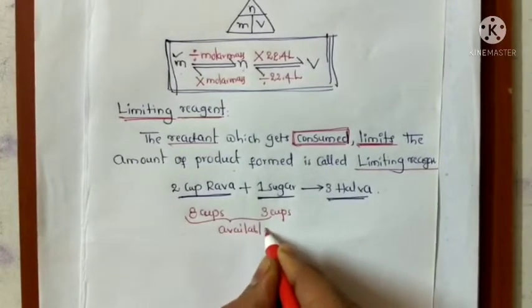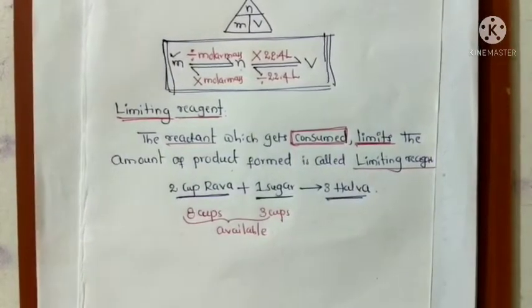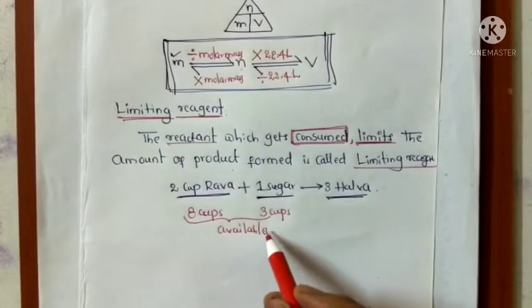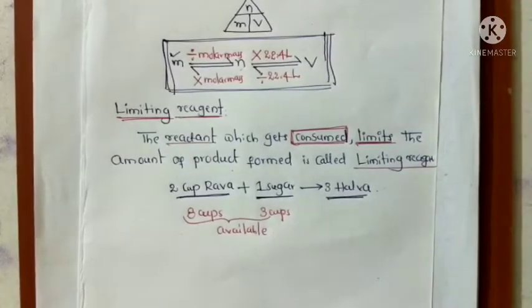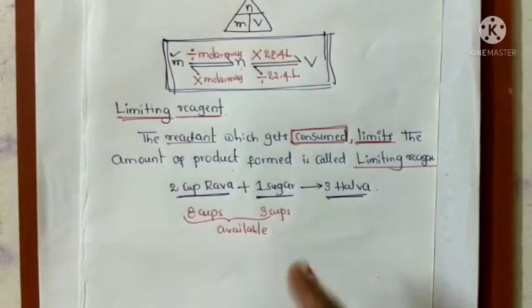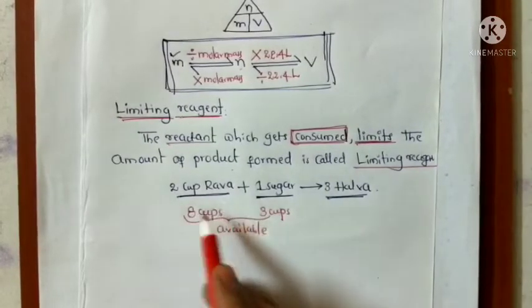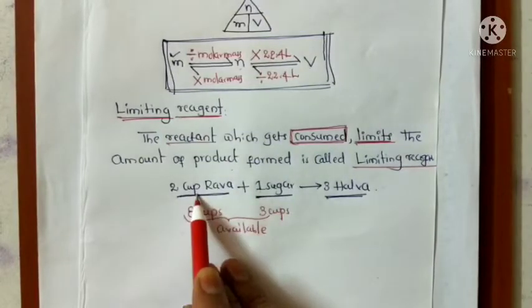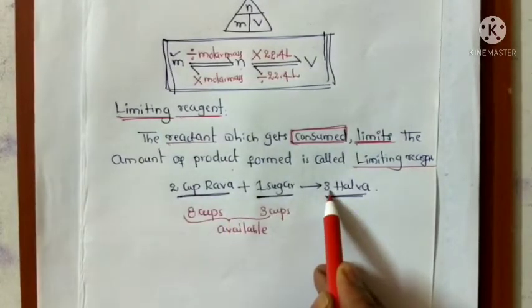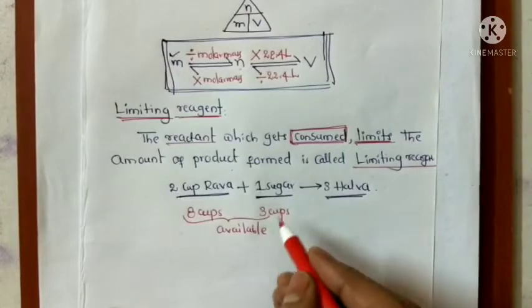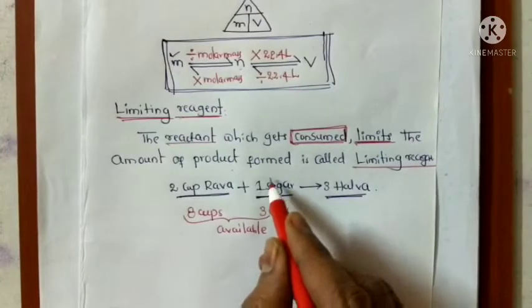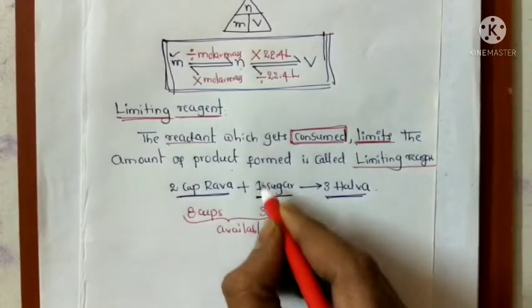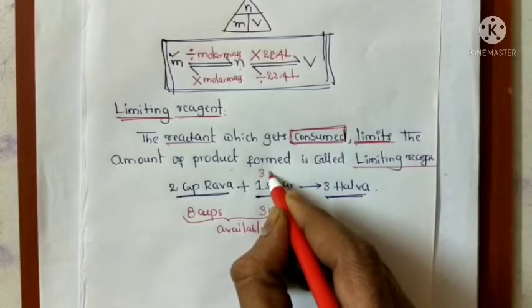Okay, so from this we can find which one is the limiting reagent. That is our task. In general, 1 cup of sugar is needed for 2 cups of rava to make 3 cups of halwa. So here, for example, 3 cups of sugar.